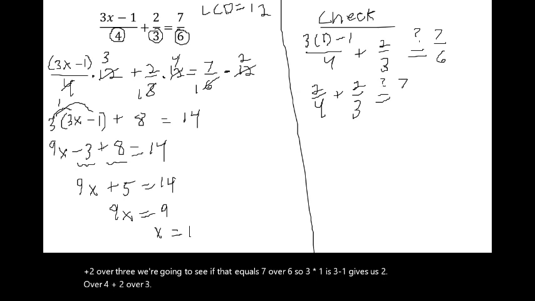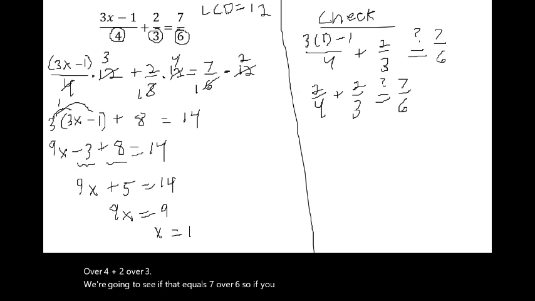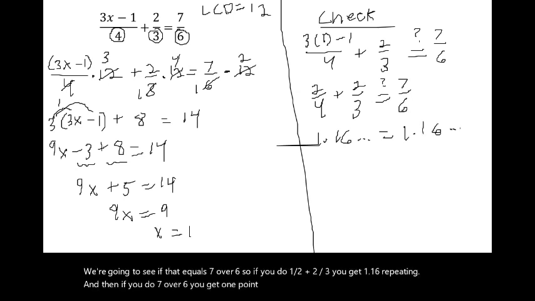If you do 1/2 plus 2/3, you get 1.16 repeating. And if you do 7 over 6, you get 1.16 repeating. Because we got the same decimal on both sides of the equal sign, that means x equals 1 is our final answer, and we finally get to circle it.